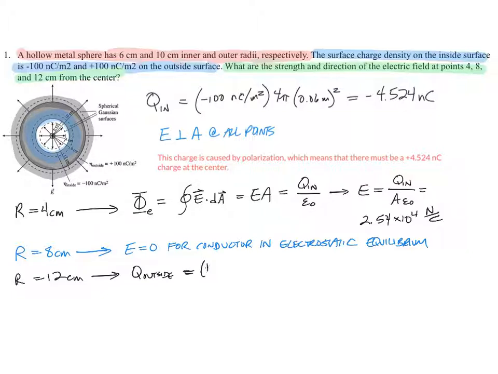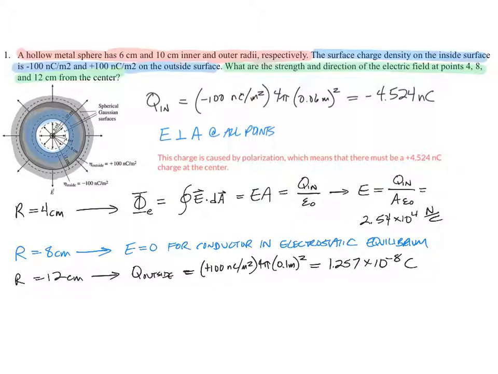So that's going to be a plus 100 nanocoulombs per square meter, also multiplied by its surface area, but the surface area we're dealing with there is at 10 centimeters, or 0.1 meters squared. And so on the outside, we have 1.257 times 10 to the minus 8 coulombs of charge out there.